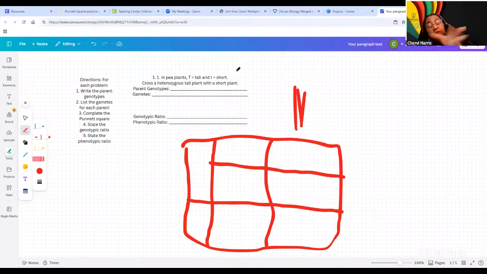That's the general information for pea plants. The situation is we are going to cross, which means we're going to match one parent with the other, a heterozygous tall plant with a short plant.